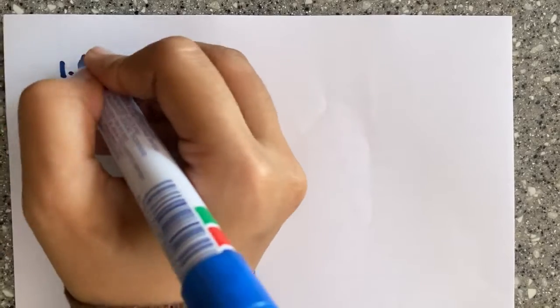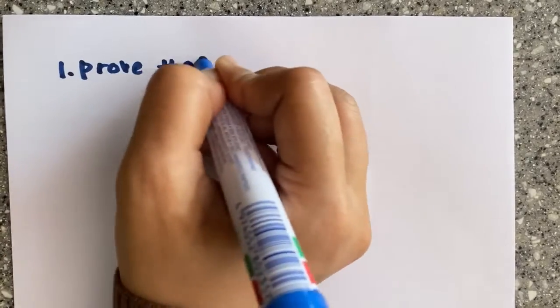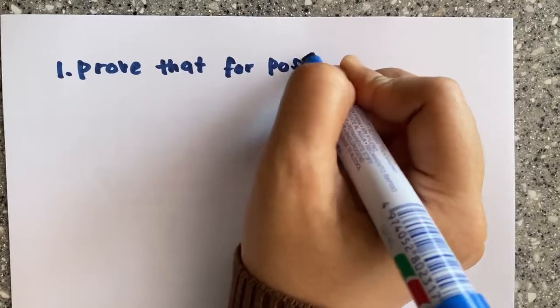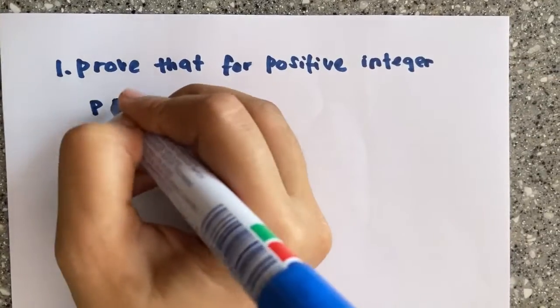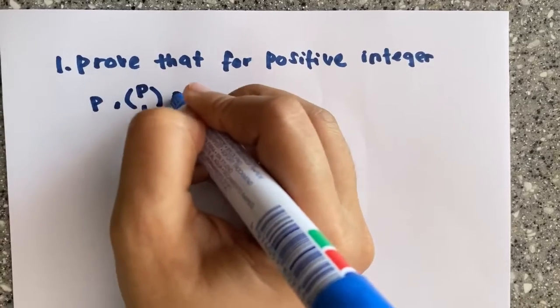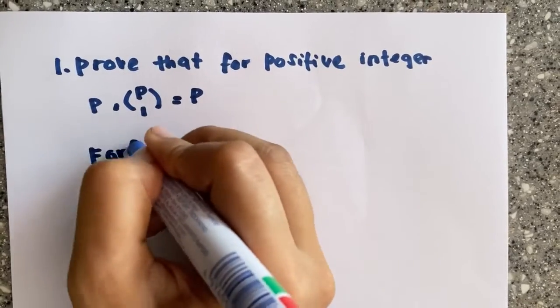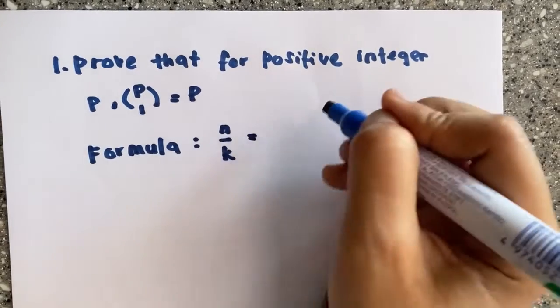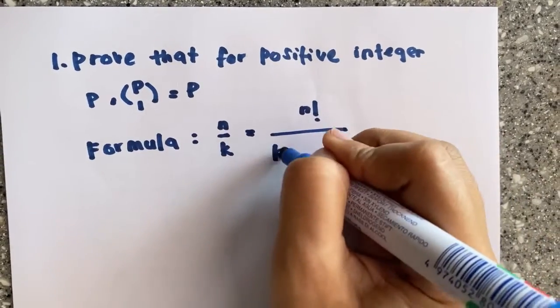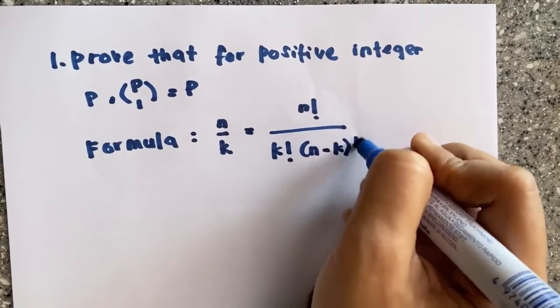Let's get started with question number 1. Prove that the positive integer p choose 1 is equal to p. The formula we use for this question is n choose k equal to n factorial divided by k factorial times n minus k factorial.